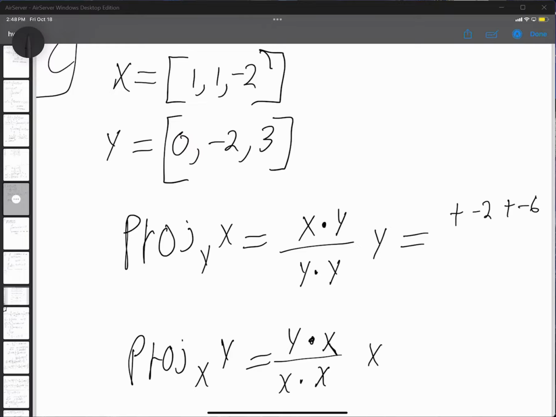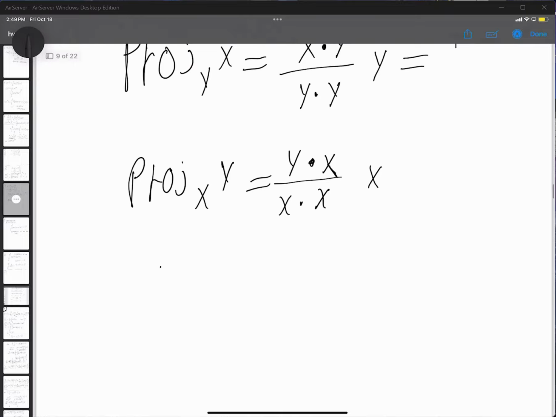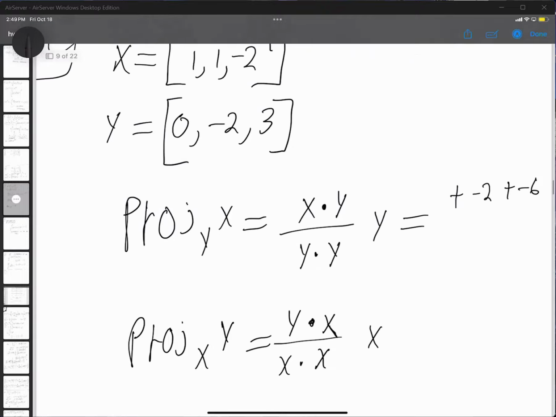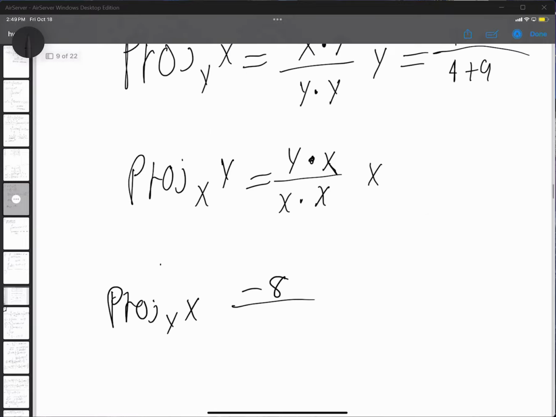Projection of y on x: -8 on top. On the bottom, we're doing the dot product of y with itself. We're going to have 0 times 0, which is 0, -2 times -2, which is 4, plus 9. You get 13 times y. Well, what is y?